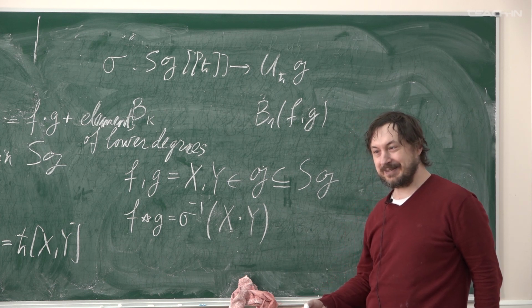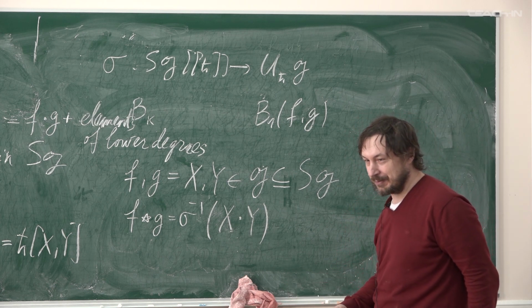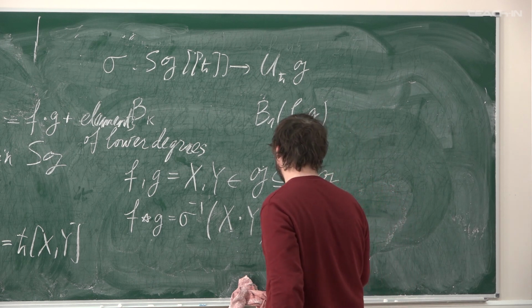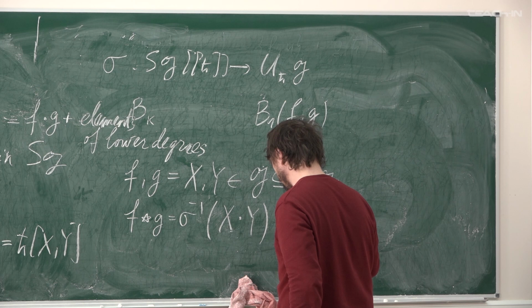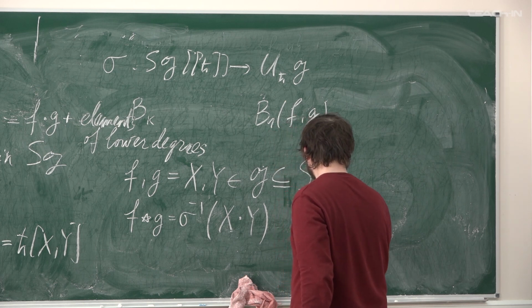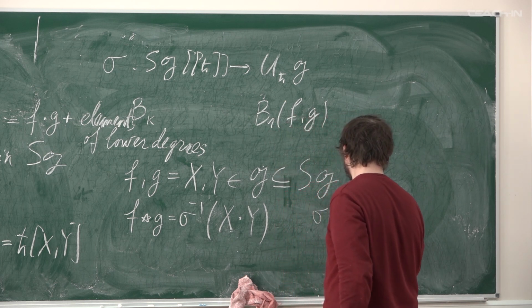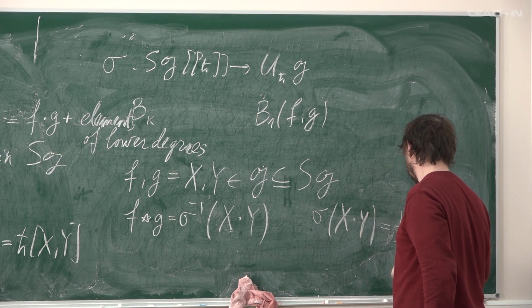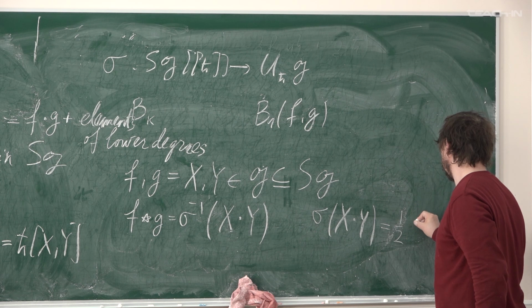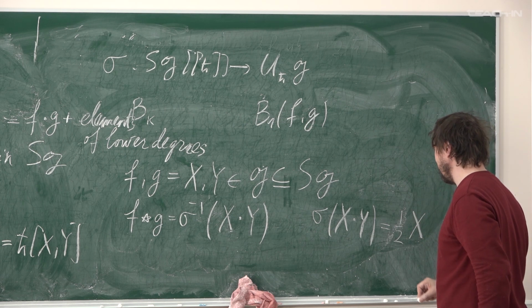So let me give some construction which probably explains this. Take sigma of x times y. It will be equal to 1/2 of x.